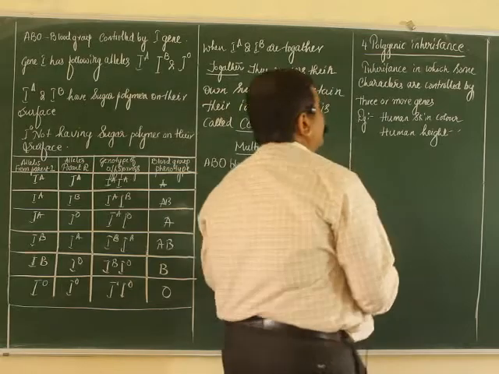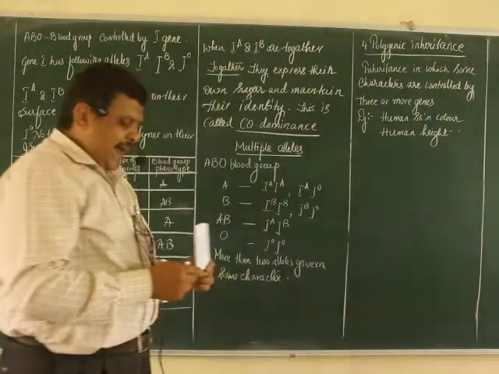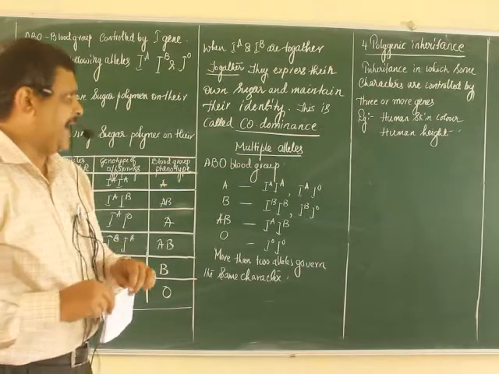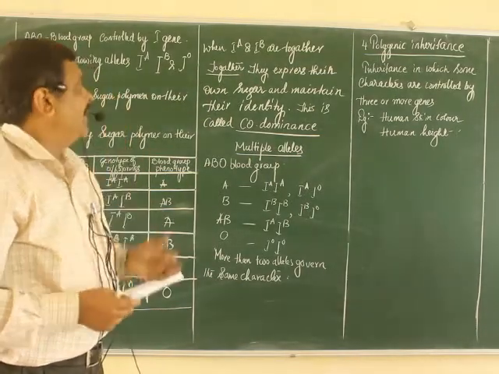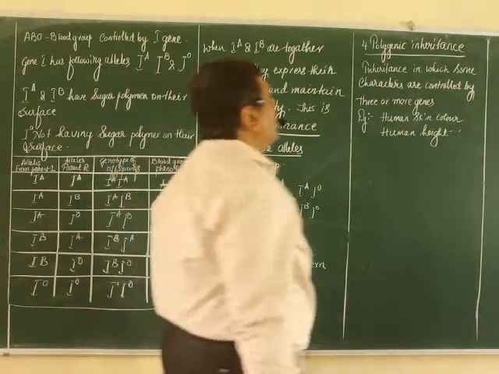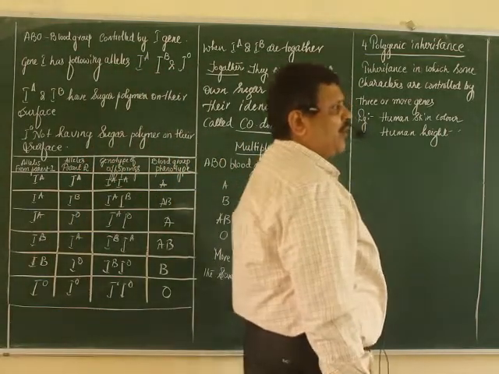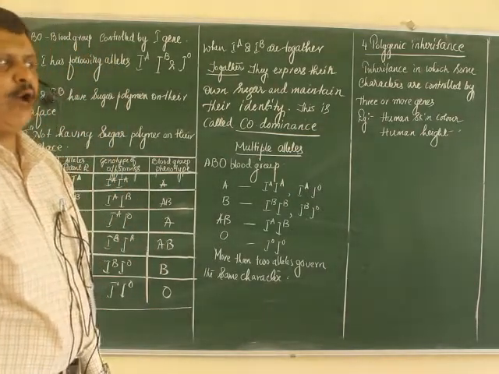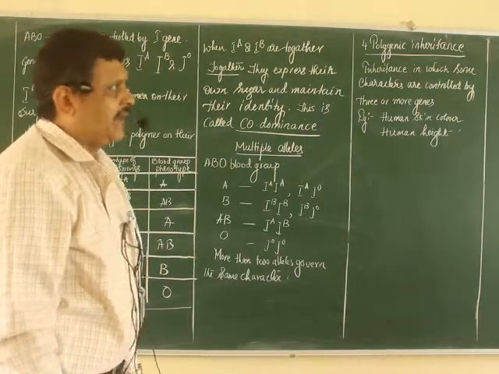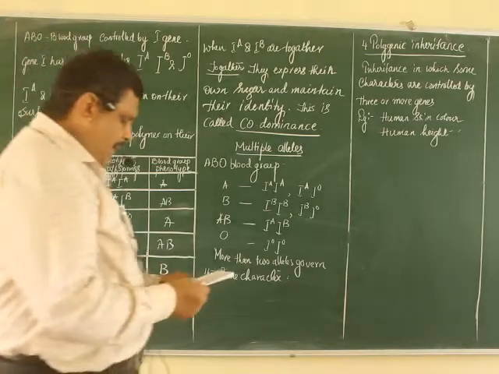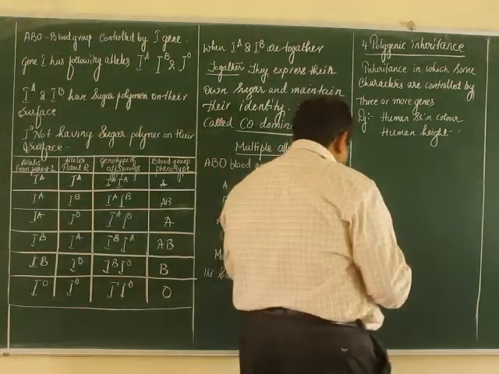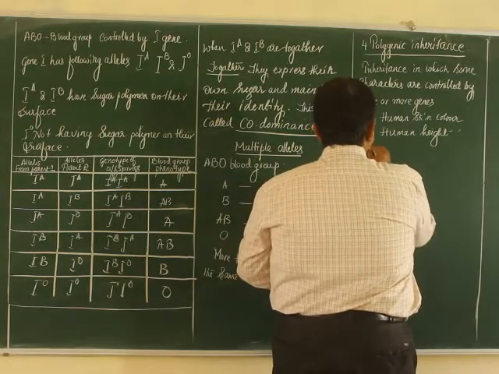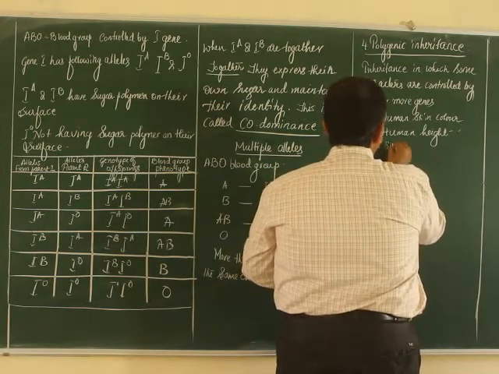See, if one character is controlled by more than one gene, it is called polygenic inheritance. Here, three or more genes, because in human skin color, we come across different skin colored human beings. I'll take human skin color as an example here.